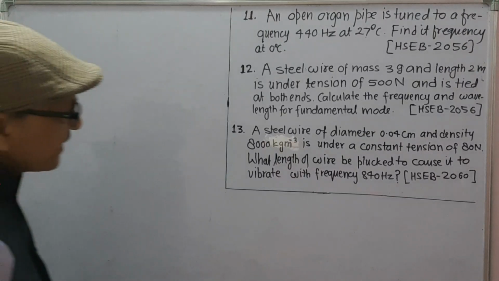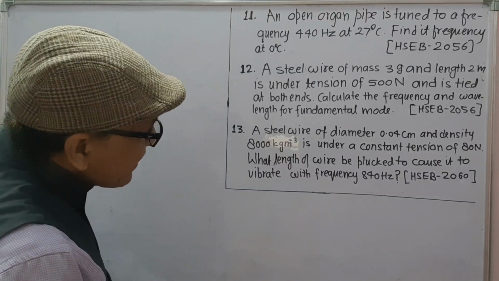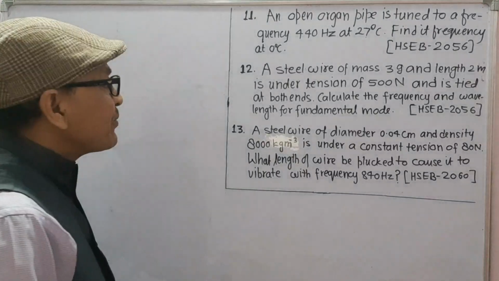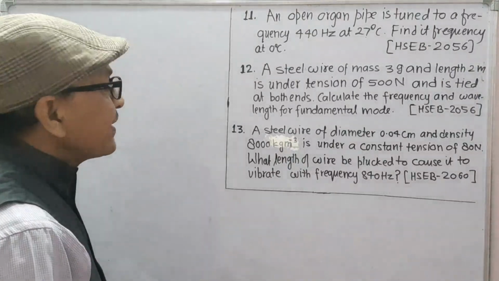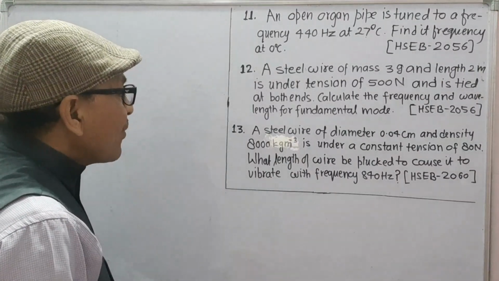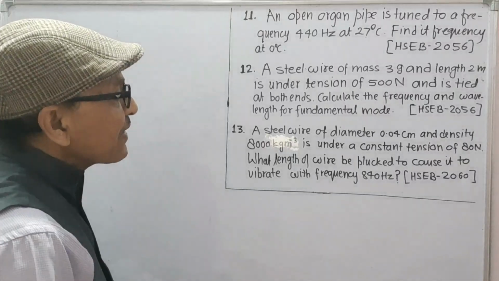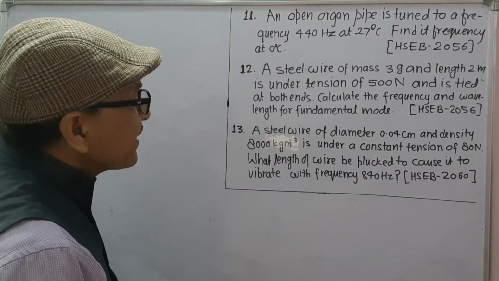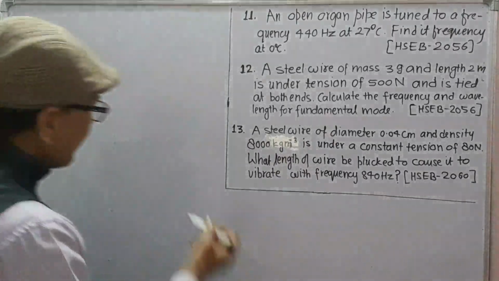Next question number 13. A steel wire of diameter 0.04 cm and density 8000 kg per meter cube is under a constant tension of 80 Newton. What length of wire should be plucked to cause it to vibrate with frequency 840 Hz?